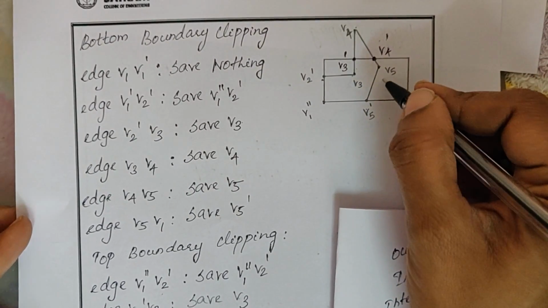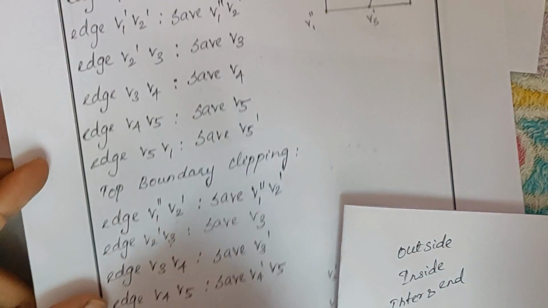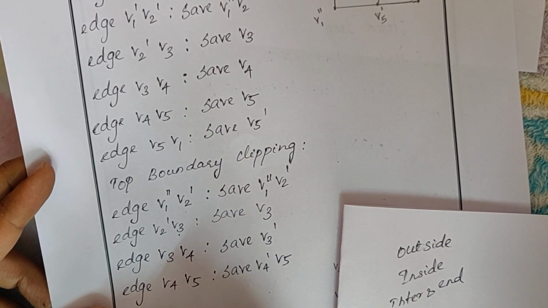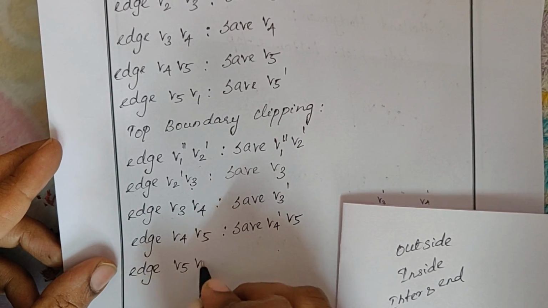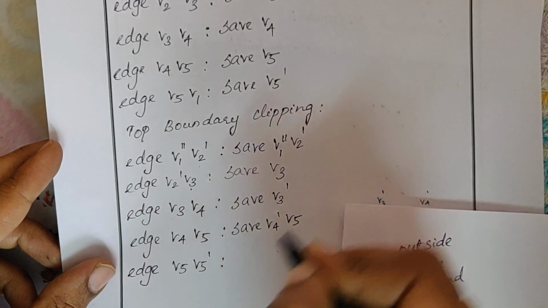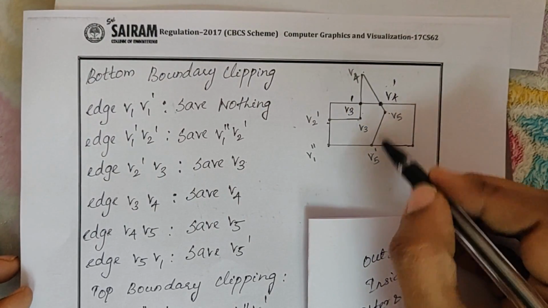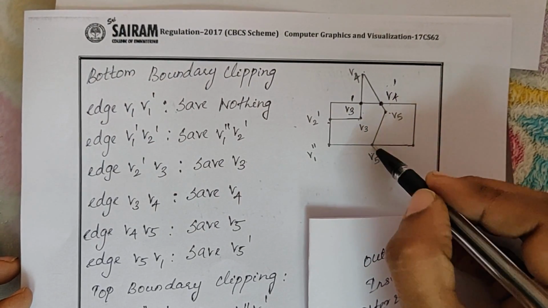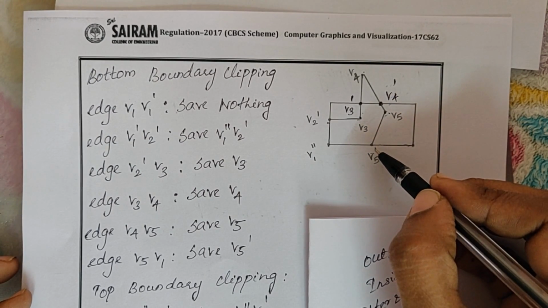And what is the last edge? Edge V5 dash. Again both the vertices are inside my top boundary, so what should I save?